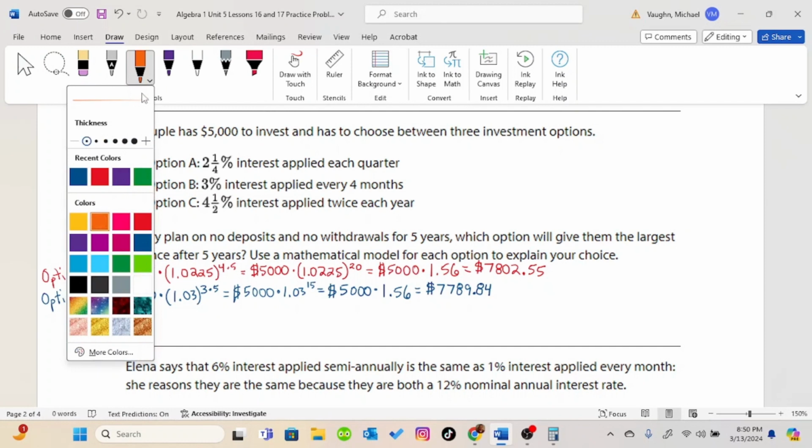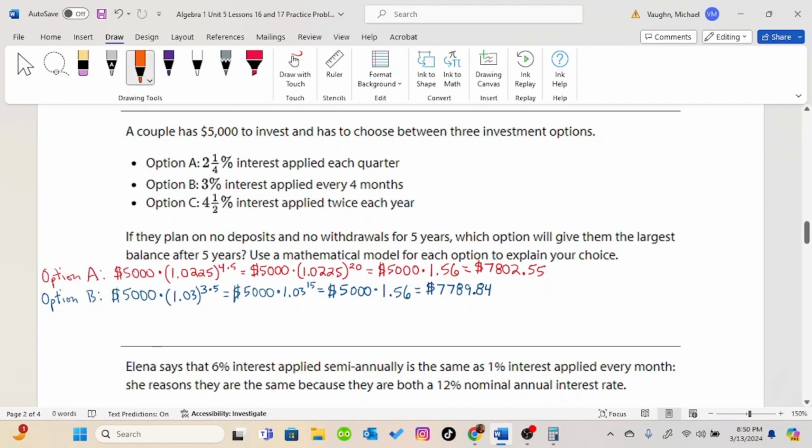And lastly, we're going to look at option C. The same $5,000 initial deposit multiplied by a growth factor of 1.045.